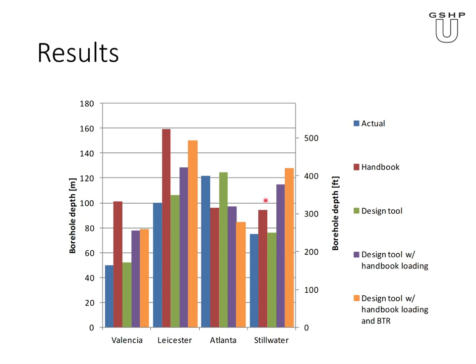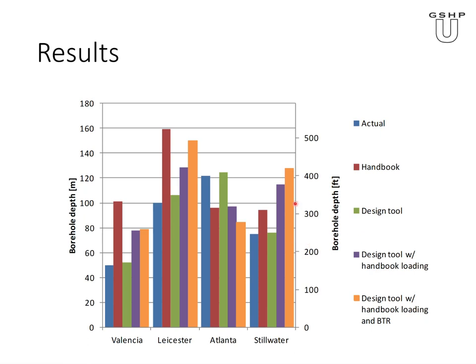And for Stillwater, we went from this with the design tool, with the loading used for the handbook, we actually went further from the handbook. And then if we use the borehole thermal resistance method that's described in the handbook, we get these yellow values, and they may also partly correct the value, getting it closer to actual, though Atlanta goes the opposite direction.